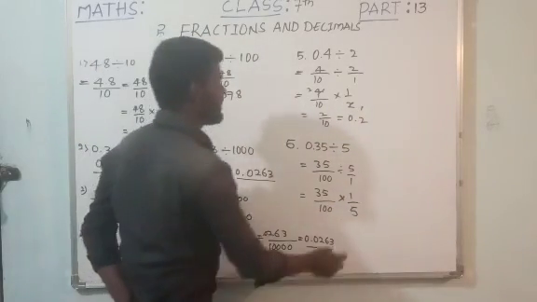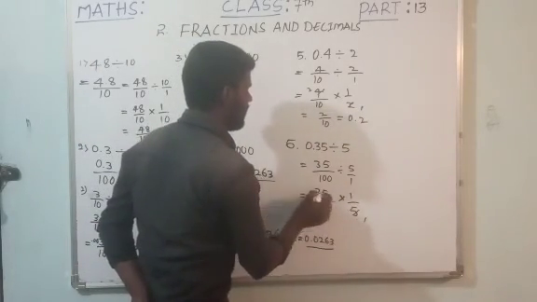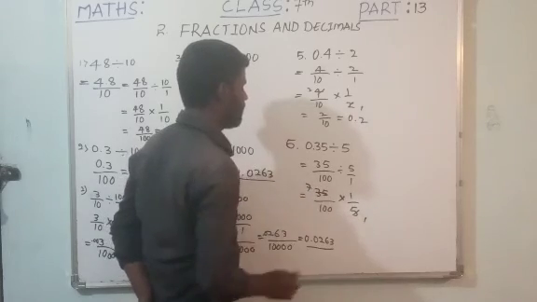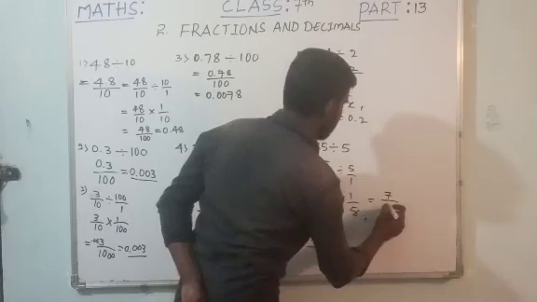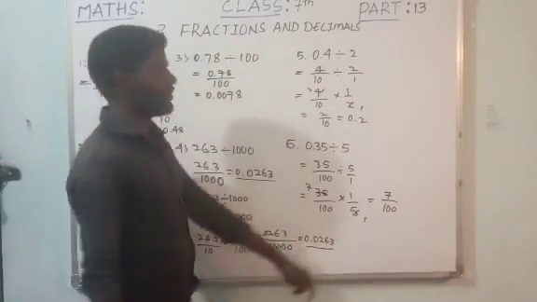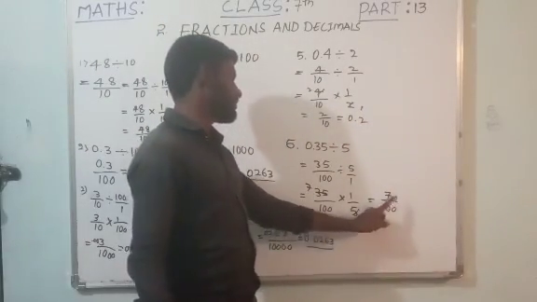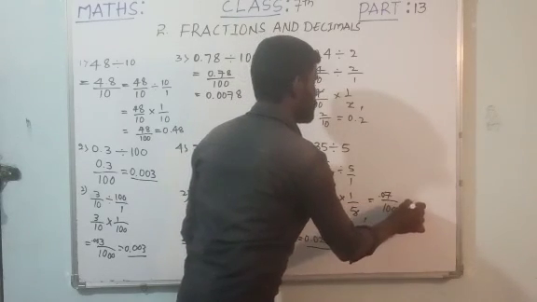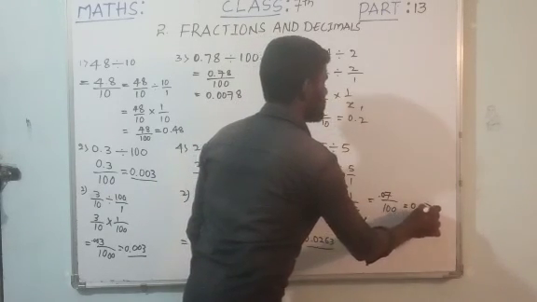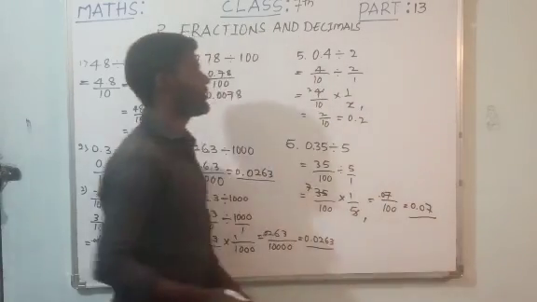Then make it cancel. 5 ones are 5, 5 sevens are 35. You will be left with 7 by 100, which means 1 2, give the point, that is 0.07. Its answer is 0.07.